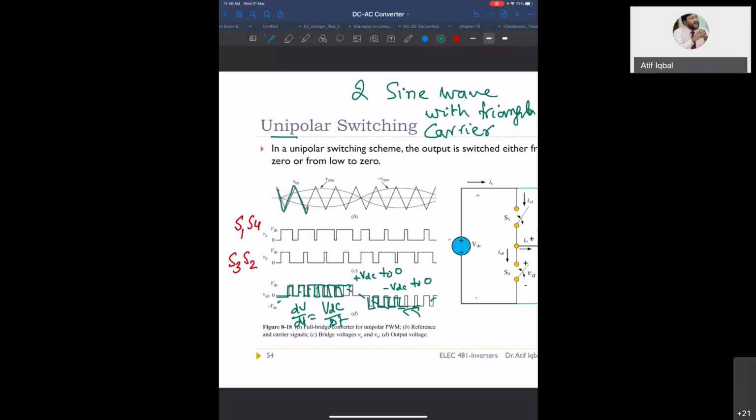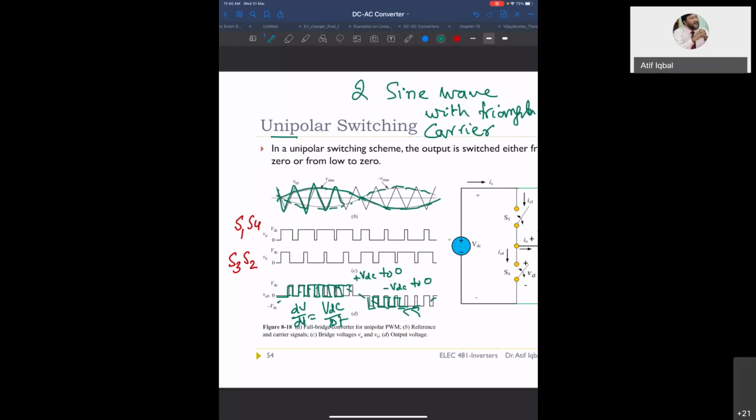Now, this is your triangle, and you have one sine wave, one modulating signal as this, and another modulating signal as this. So you have two modulating signals.